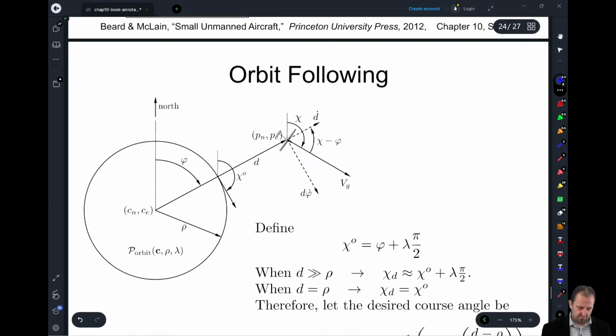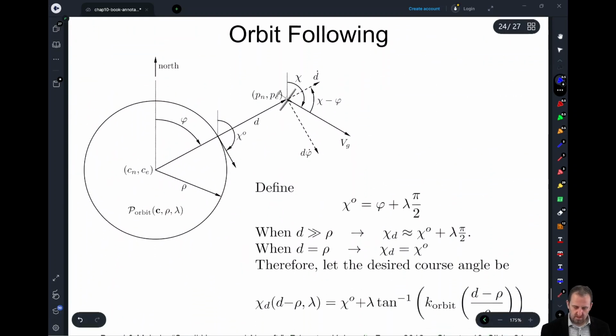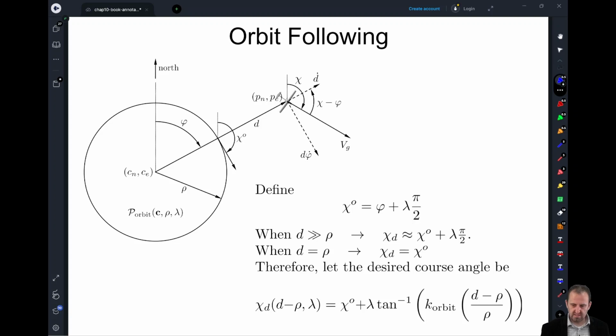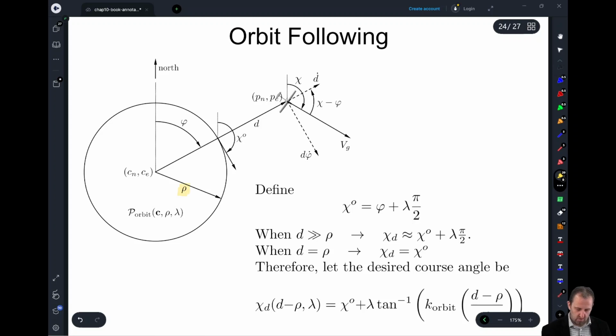Excellent. So again, let's step back just a second and review what we want to have happen if our distance is large, much larger or much smaller than rho. Sorry. So we have our rho, our desired radius. Let's do d equal to rho first.